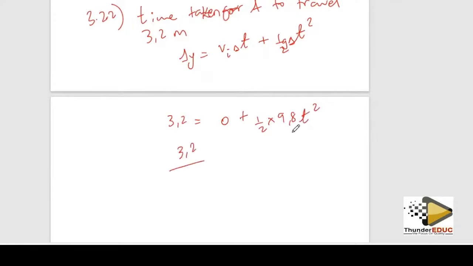Then I'll have 3.2, I'll divide it by 4.9 is equal to t squared. And then I'll take square roots. So the square root of 3.2 over 4.9 is giving me 0.81 seconds.